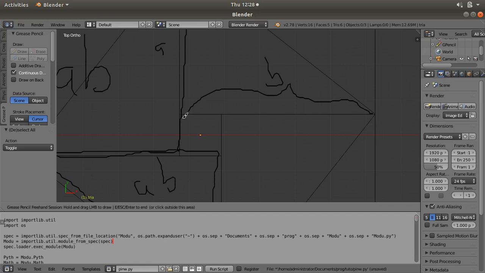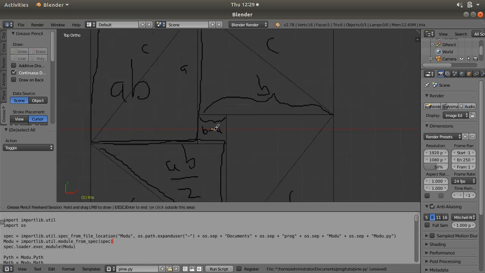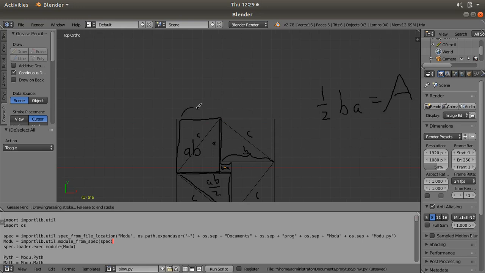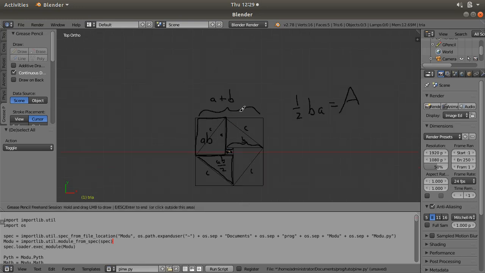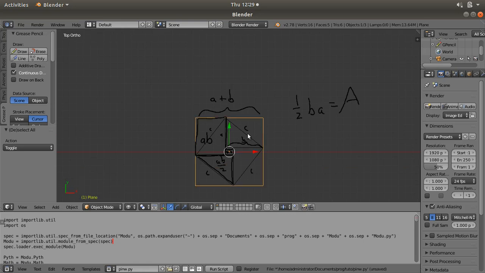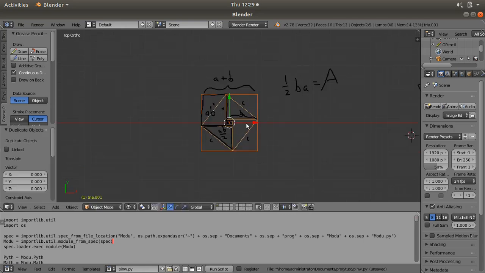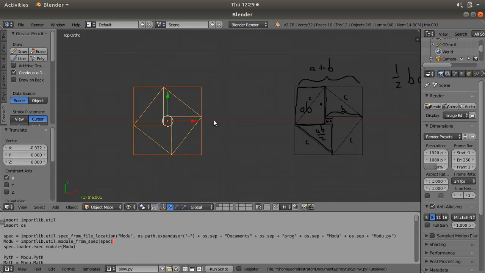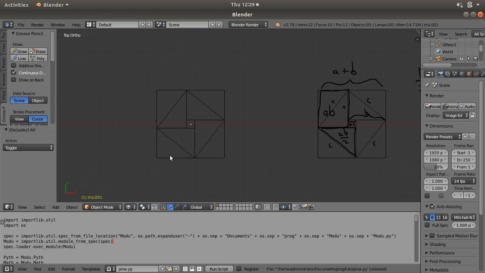This length is B minus A. This whole width is A plus B. So looking at this image, there are a few relationships that just kind of pop out.